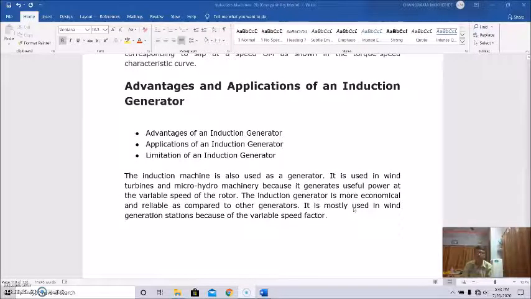The induction machine is used as a generator, particularly in wind turbines and micro hydro machinery, because it generates useful power at the variable speed of the rotor. The induction generator is more economical and reliable as compared to other generators, so it is mostly used in wind generation stations because of the variable speed factor.